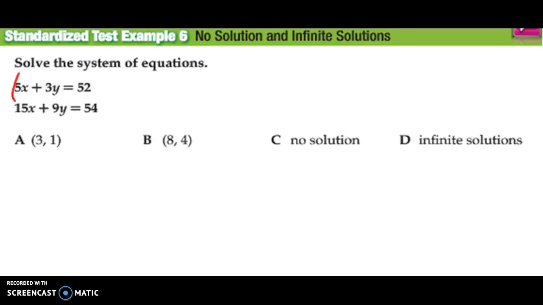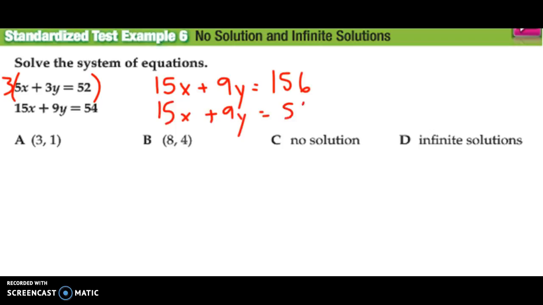The easiest one is I can see that if I multiply the top by 3, I now have 15x. So I'd have 15x plus 9y is equal to 156. The bottom is 15x plus 3y equals 54.